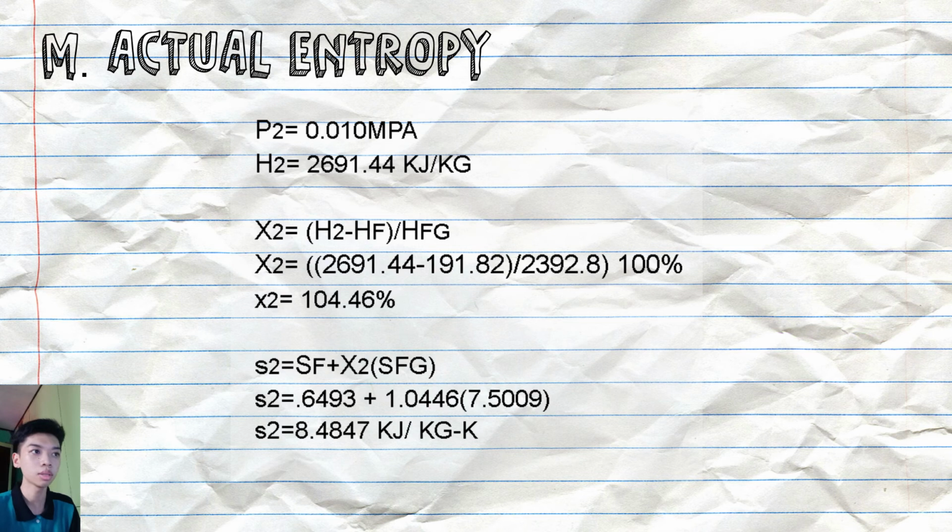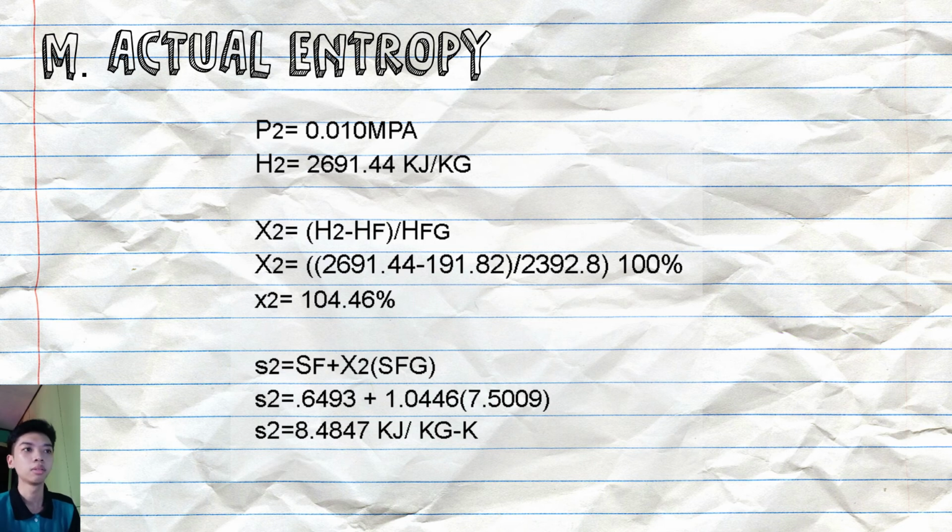To get the actual entropy, we will first use the formula for the steam quality, with us having a given H2 equal to 2,691.44 kJ per kilogram. The formula is X2 is equal to H2 minus specific enthalpy over HFG.